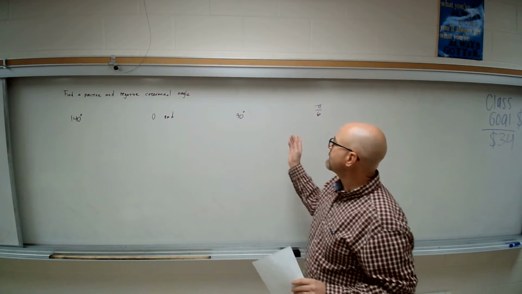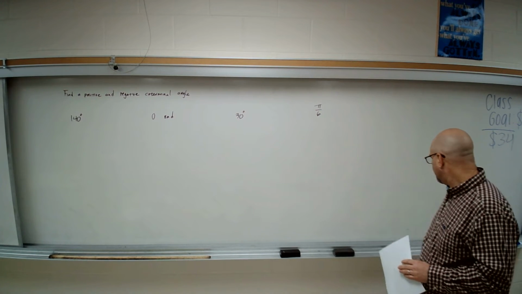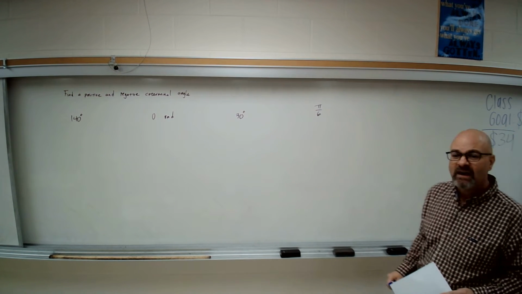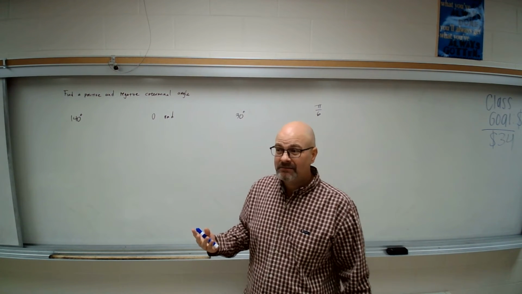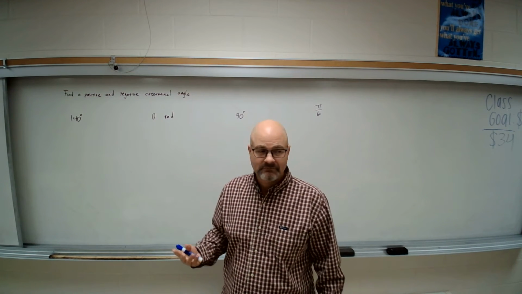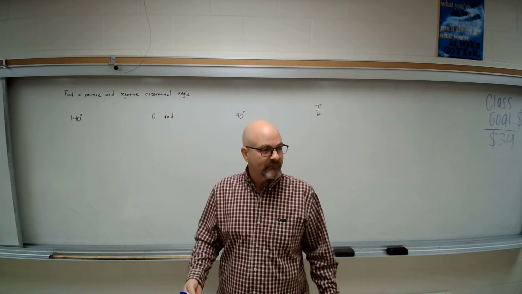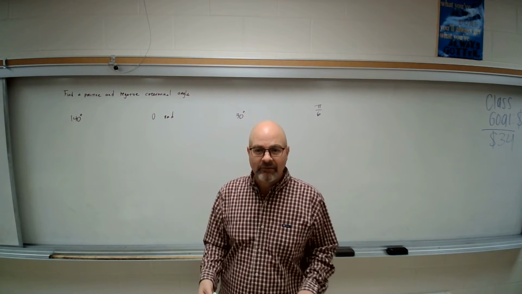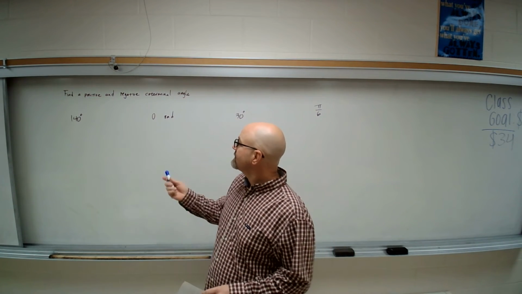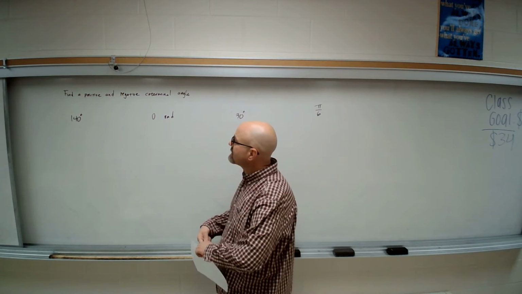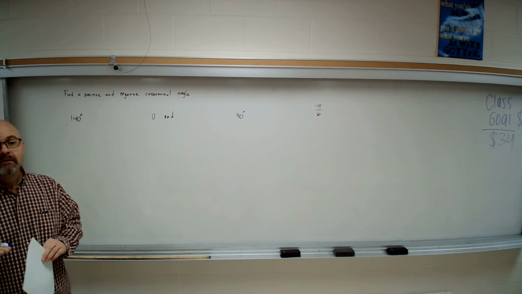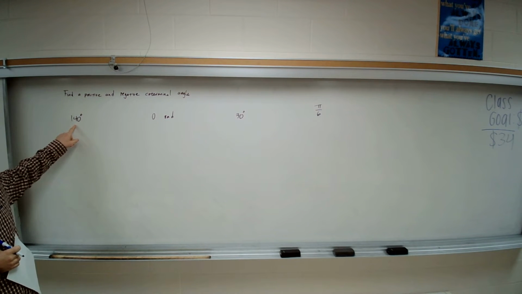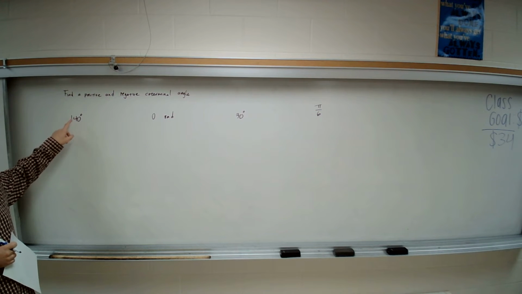Okay, so for each of these different angles here, we want to give one negative and one positive coterminal angle. So now, how many coterminal angles are there for each angle? It's infinite, right? You could just keep adding 360 and go forever. It'd be a big list. So what was a positive coterminal angle with 140? What would you add to this?